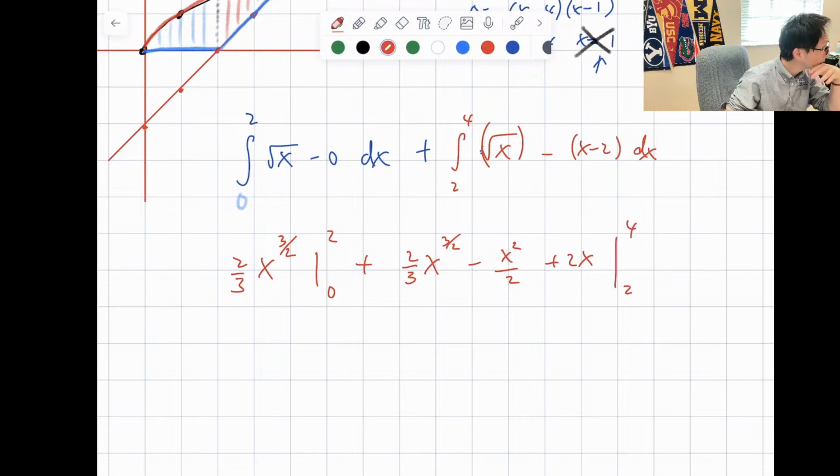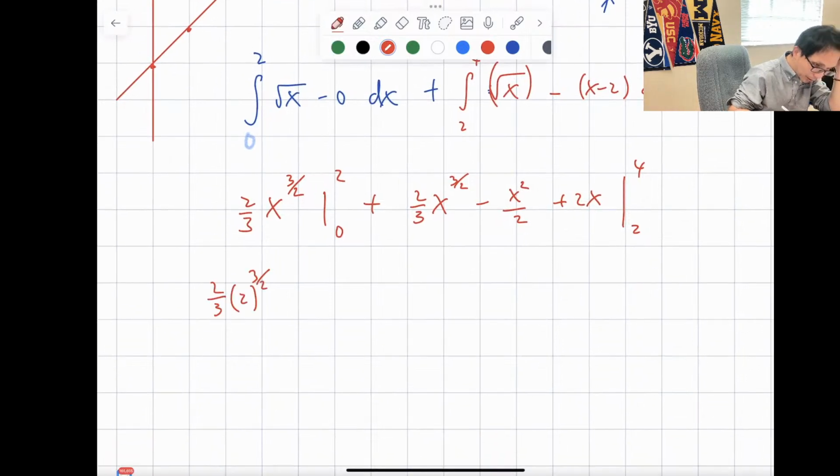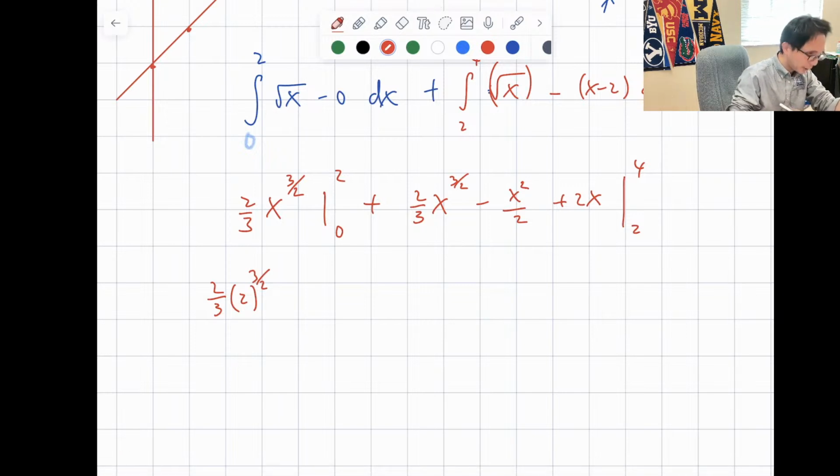Is this okay? I'm going to plug in 2, so it'll be 2/3 times 2 to the 3/2. You're going to say, I don't know how to evaluate 2 to the 3/2, but just hold there, don't worry about it for a second.